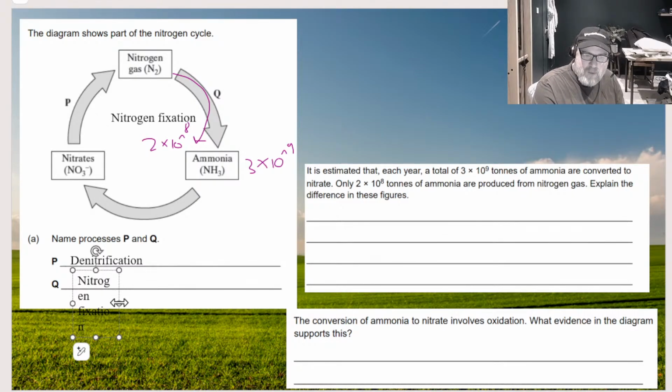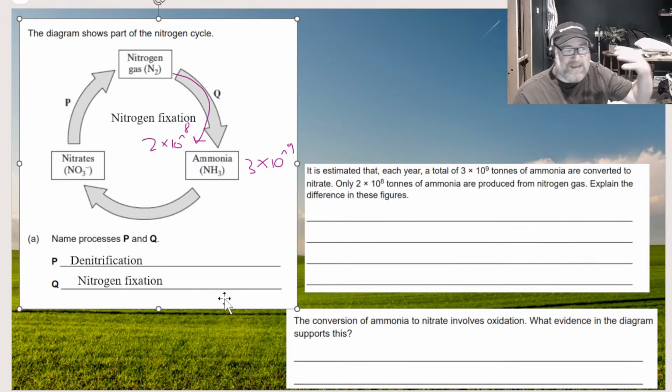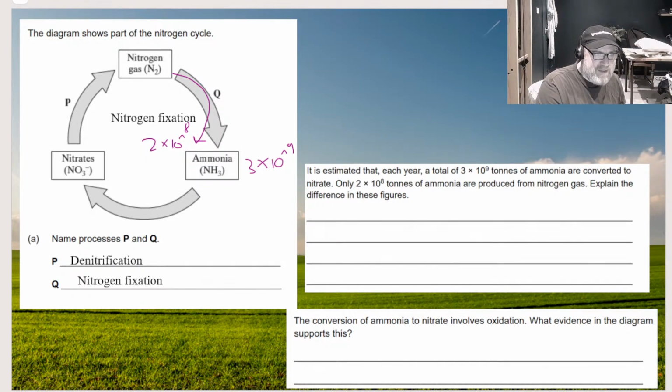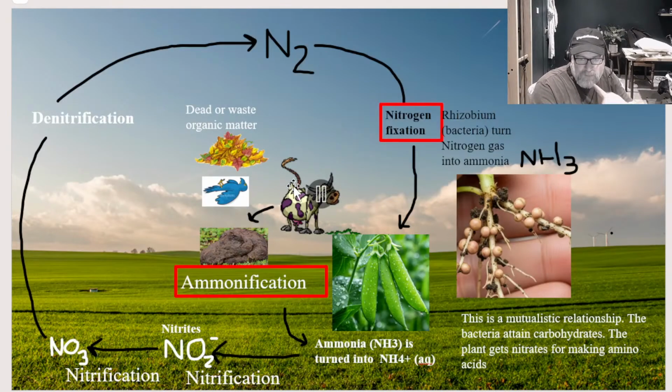Ammonification, where we make NH3, is done by decay of organic matter. So just going back to explain the difference, two processes form ammonia. One is ammonification, and it comes from poo, feces, urine, dead organic matter.